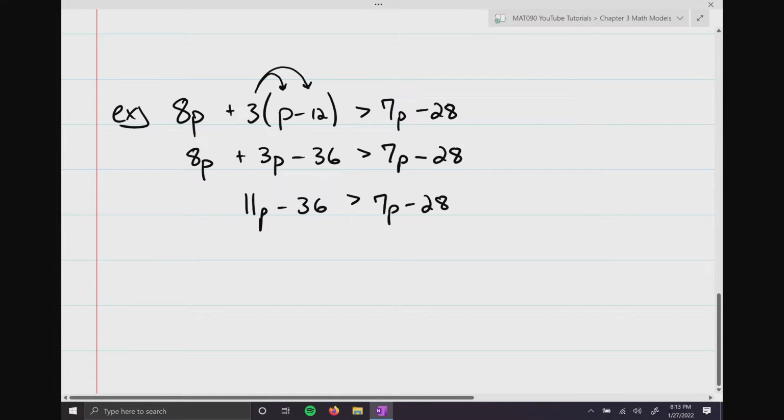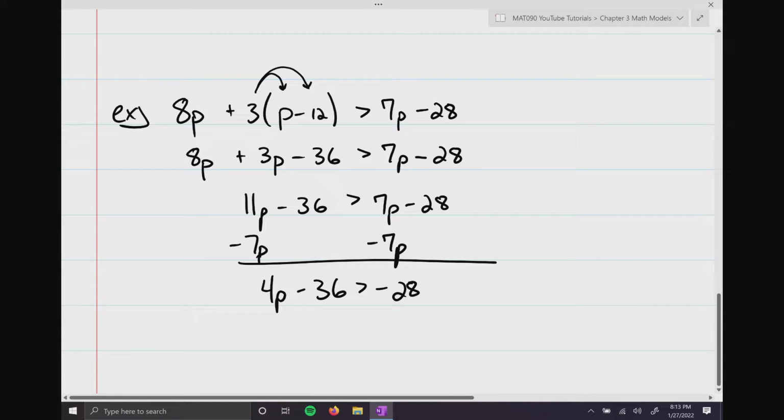So from here, I'm going to get my variable terms together, constant terms together, and make sure they're on opposite sides of the inequality. So what I'll do is subtract 7p first from both sides. 11 minus 7 is going to be 4p minus 36, which is greater than negative 28.